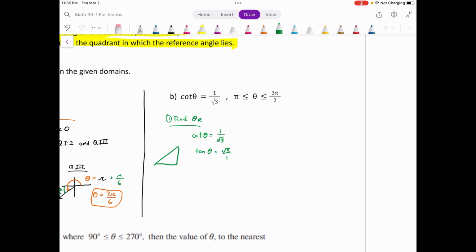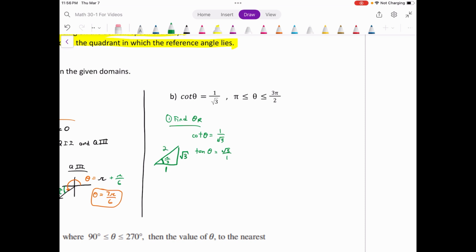Okay, so what angle would have an opposite of root 3 and an adjacent of 1? Do you see how this is a special triangle? This is the 1, 2, 3 triangle. Root 3 goes with 30, so this must be 60, or pi over 3.